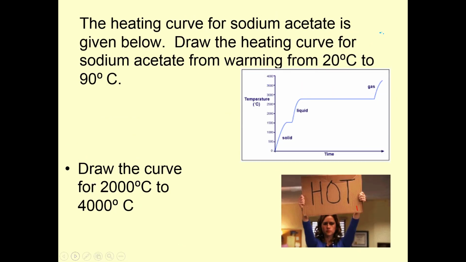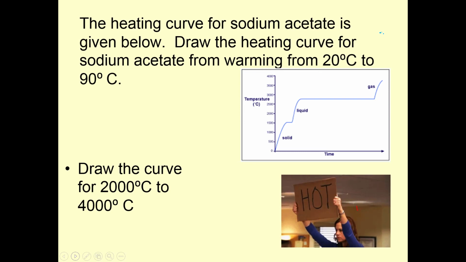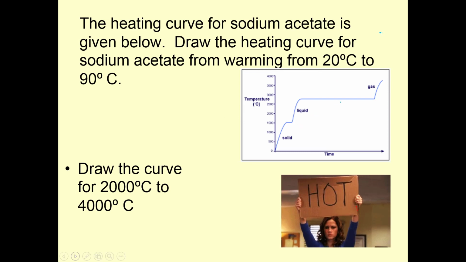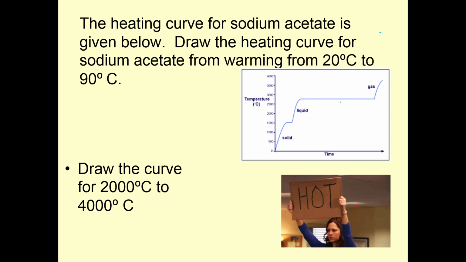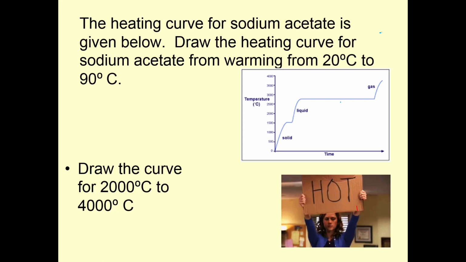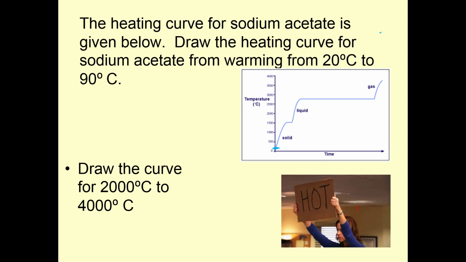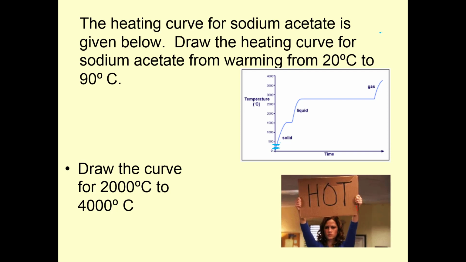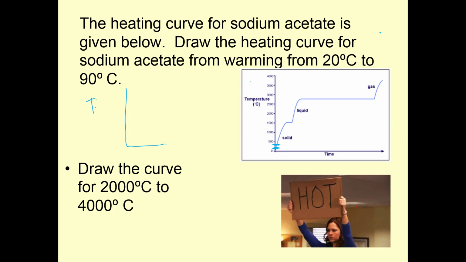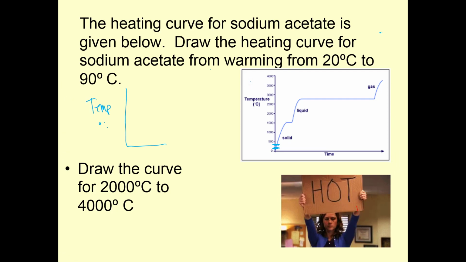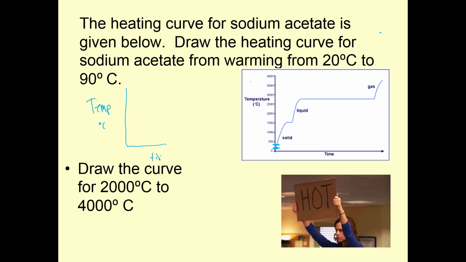The heating curve for sodium acetate is given below. Draw the heating curve for sodium acetate from warming from 20 degrees to 90 degrees. So right here is 20, right here is 90. So all I have to do is label my axes, temperature in degrees Celsius, and time of heating.